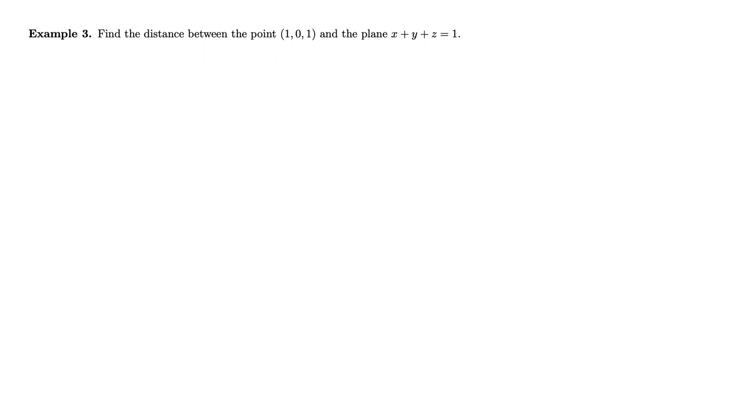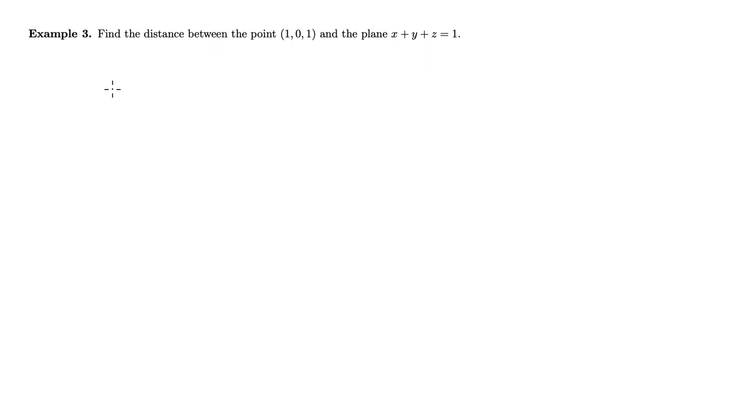Okay, so we want to find the distance between this point and this plane. And the key hint here is that we want to project onto the normal vector. So we want to take a vector connecting the point and any point on the plane and then project it back down onto the normal vector. So what is the normal vector?